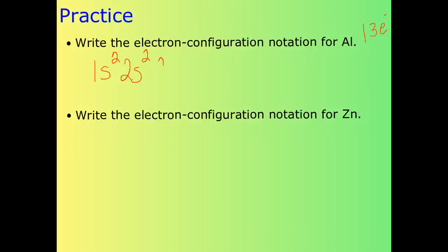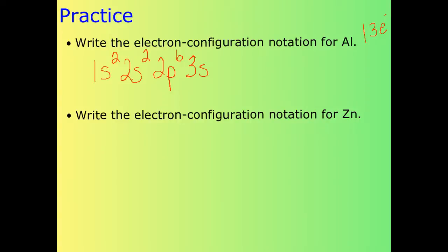After the 2s comes the 2p sublevel. P sublevels have 3 p orbitals. 3 orbitals, 2 electrons each, that makes 6 electrons total. If I add all 6 and 2 and 2, that makes 10 electrons. I need 13. So after 2p, I look at the Aufbau principle and I get 3s.